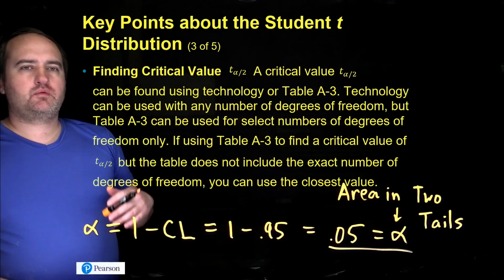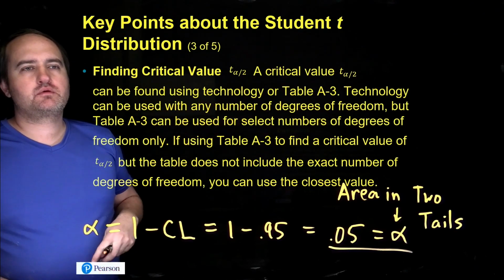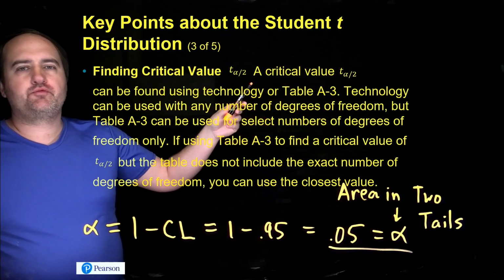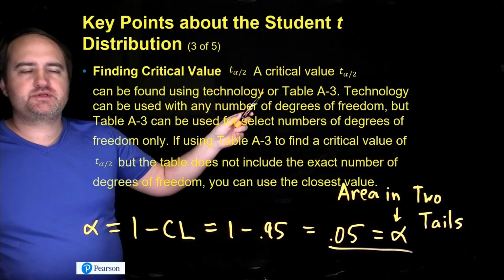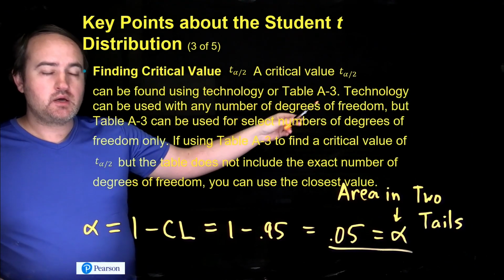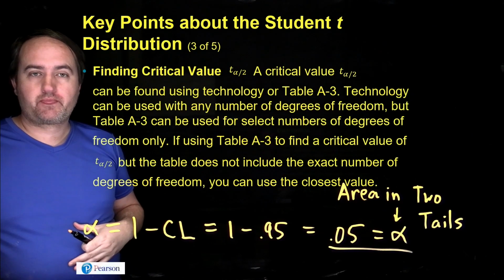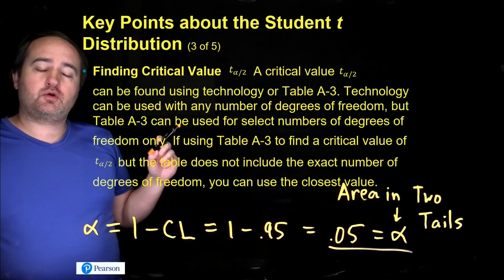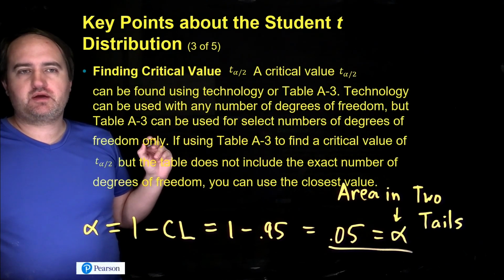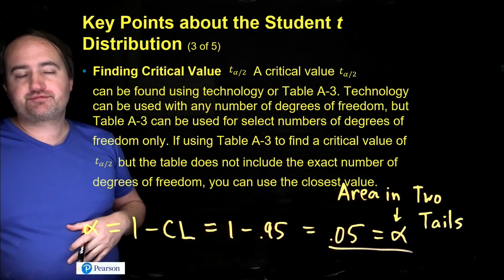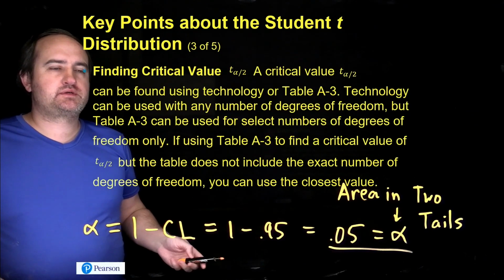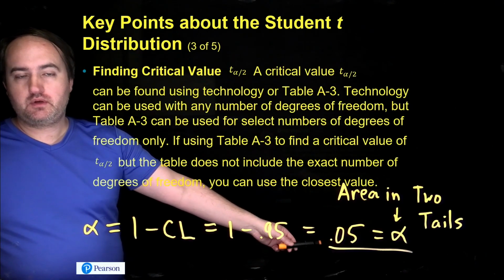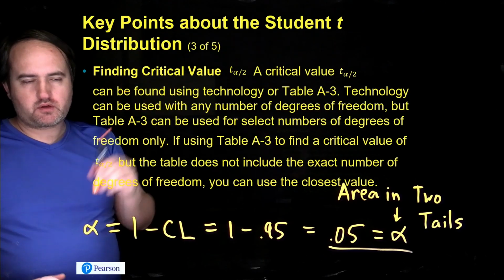Okay, so how do you find a critical t-value? You can use technology if you have it. Otherwise, for my video, I'm going to teach you how to use table A3, which is in this week's module. Table A3 can only be used for certain values of df, which is the degrees of freedom, and it only works if your area in two tails for alpha actually shows up as one of the columns.